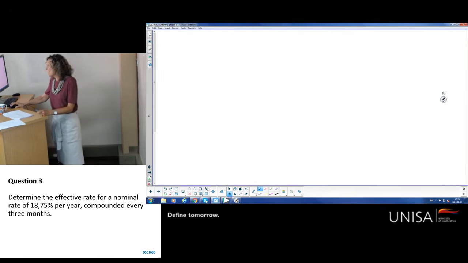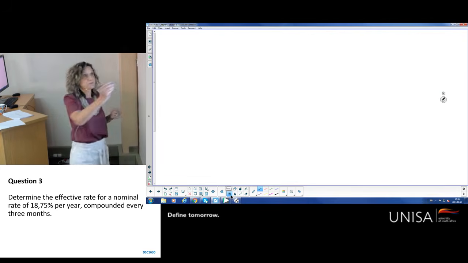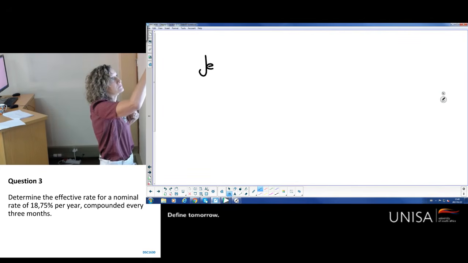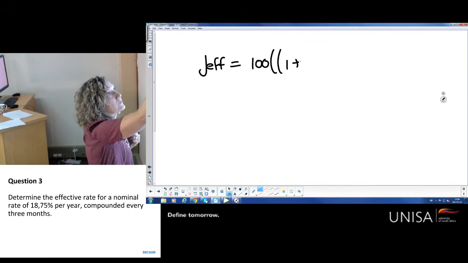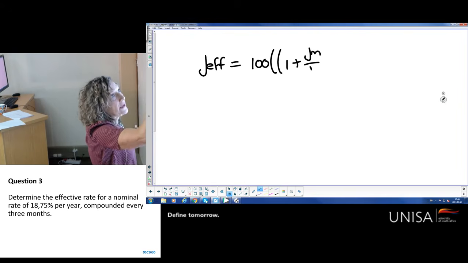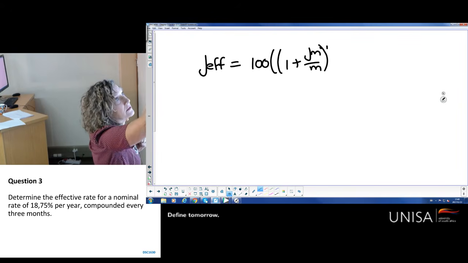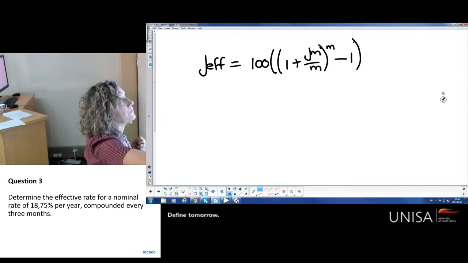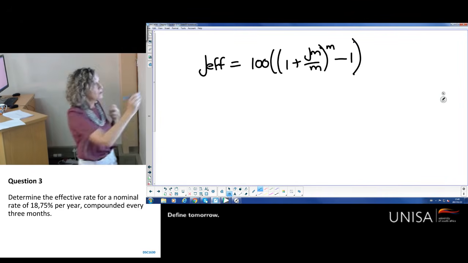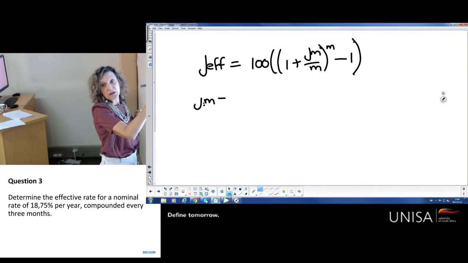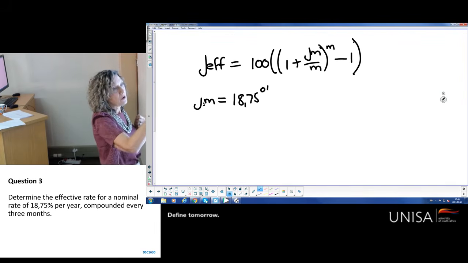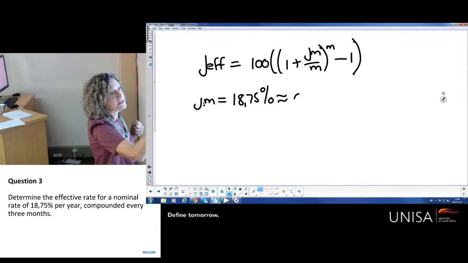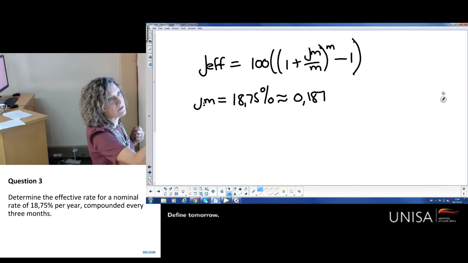Secondly, we can write down our formula, where JM is our nominal rate. Okay, what is our nominal rate, JM? It says 18.75% per year, or if you want to write it as a decimal, 0.1875.